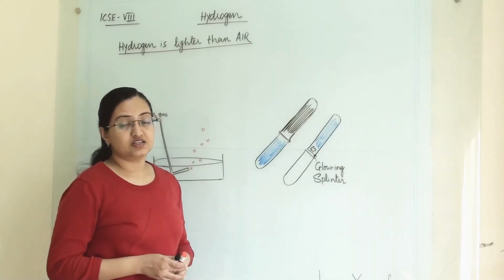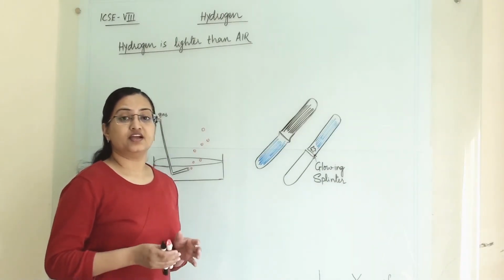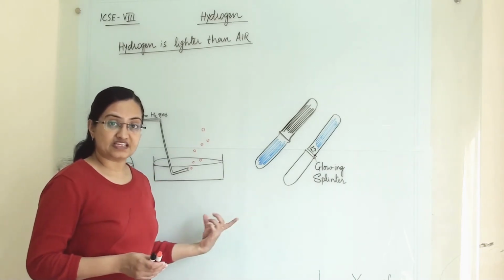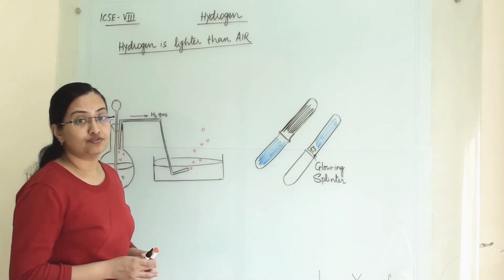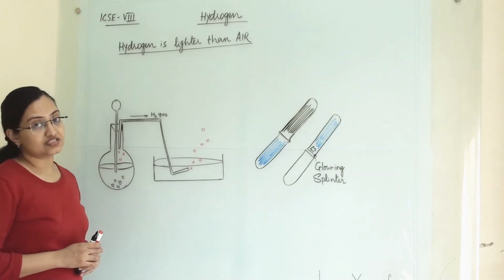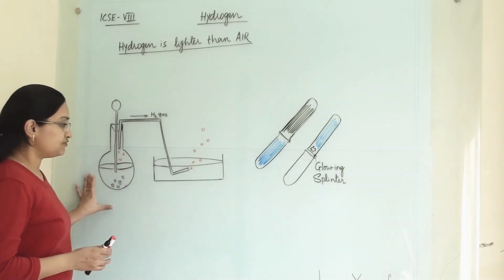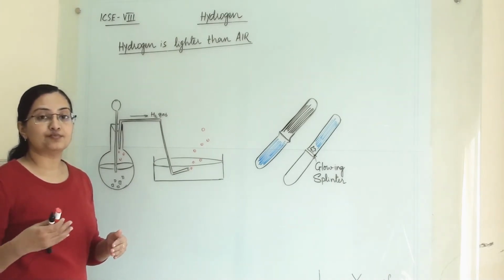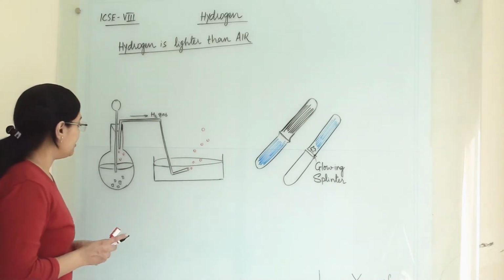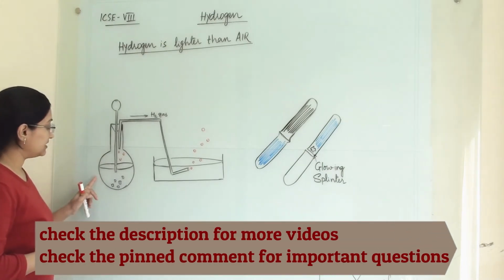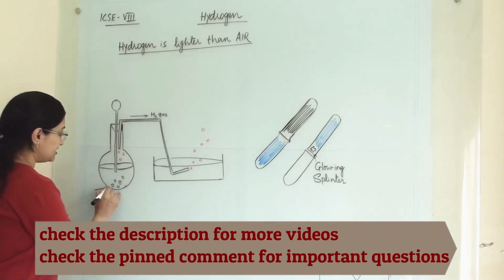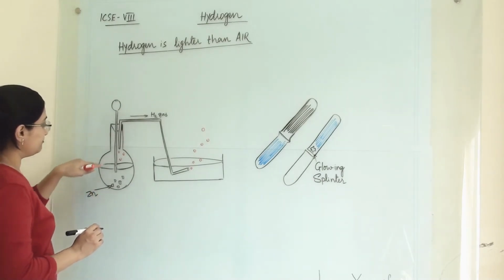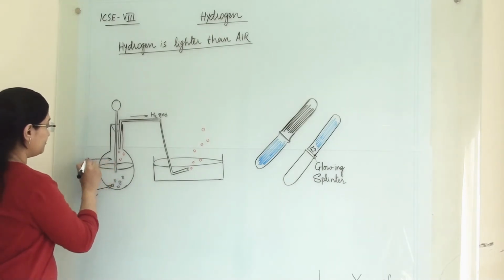Under the physical property that hydrogen is lighter than air, we are going to learn two different experiments through which we will confirm it. This first setup is exactly similar to the setup of the laboratory method of hydrogen. In the laboratory method, we have taken zinc granules, and from the thistle funnel there is drop-wise addition of hydrochloric acid.